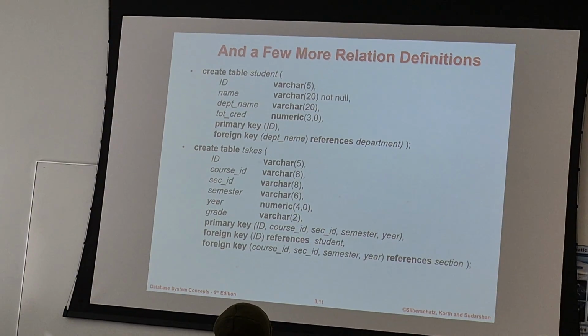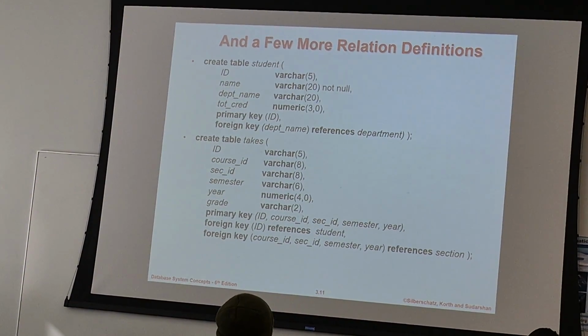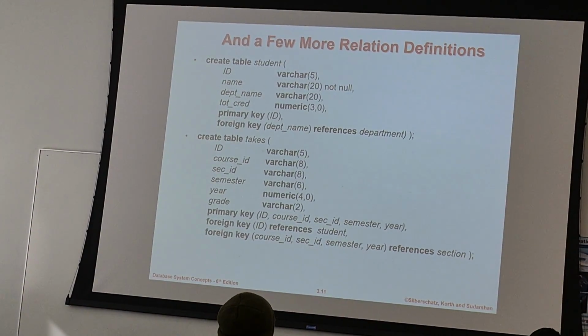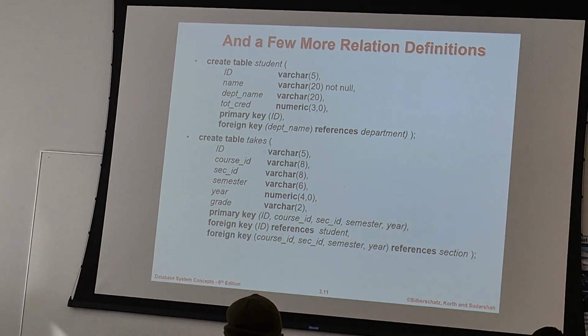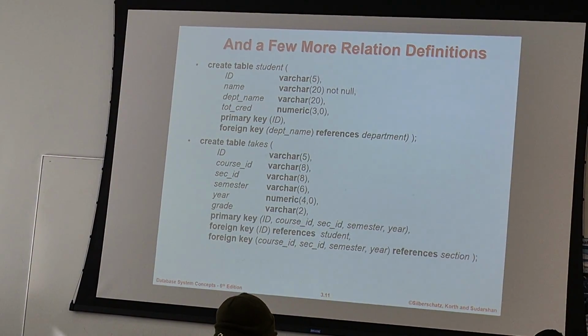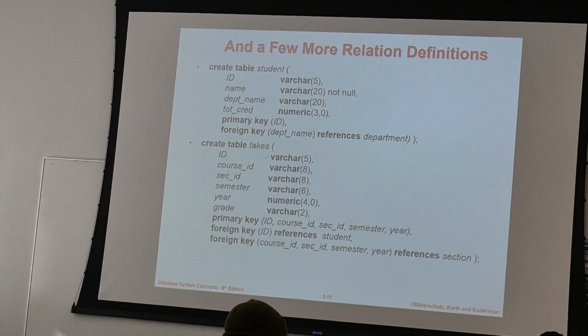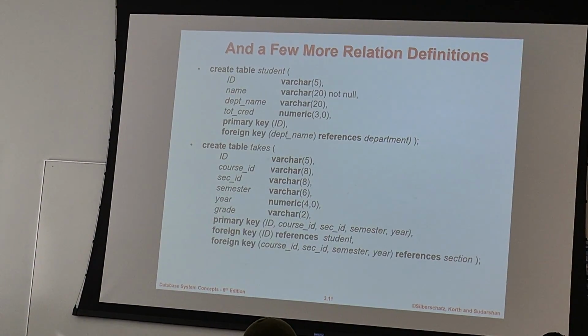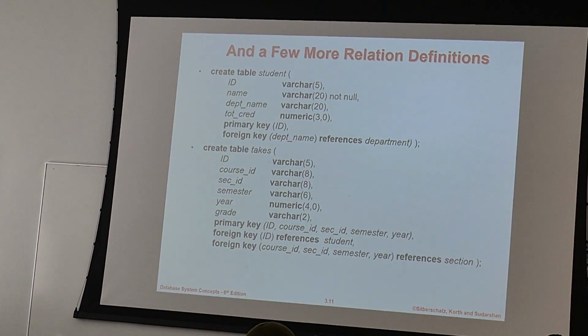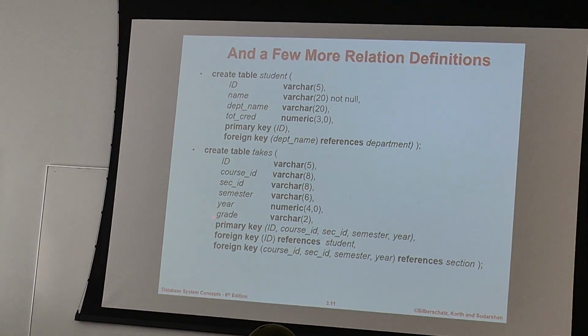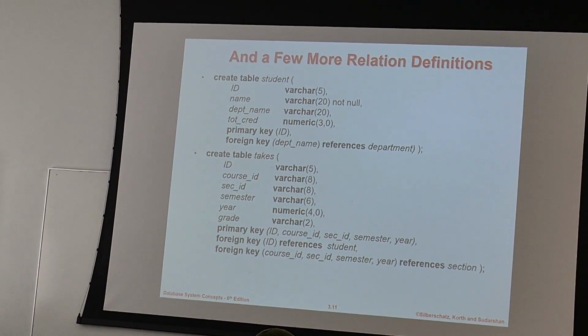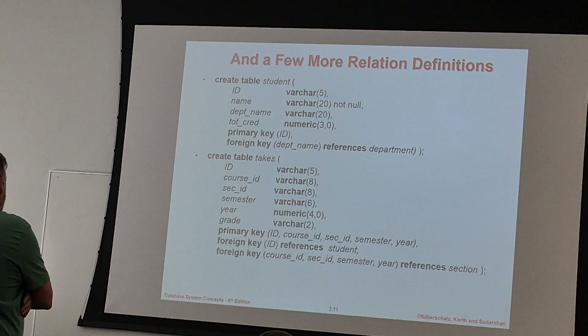So that grade field is explicitly not defined as a not null field. It would make that table design kind of useless if, as soon as a student signed up for a course to take during the semester, a not null grade value had to be provided.